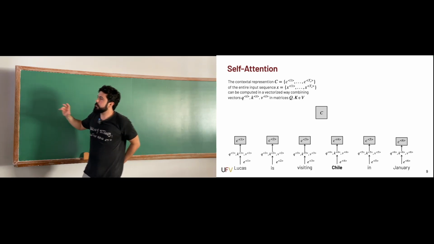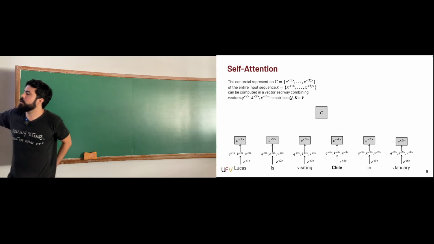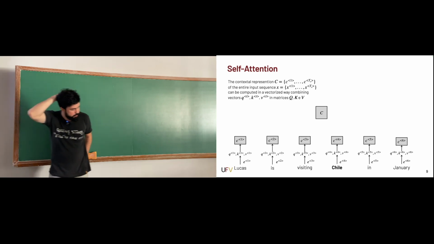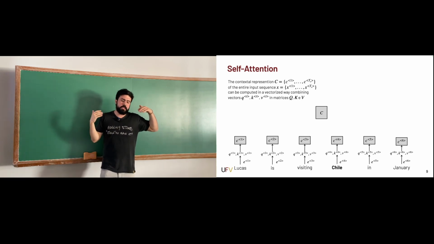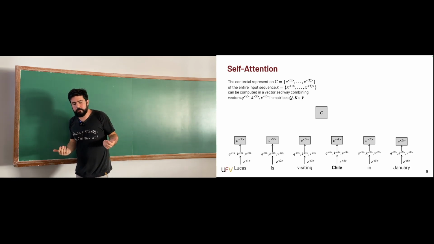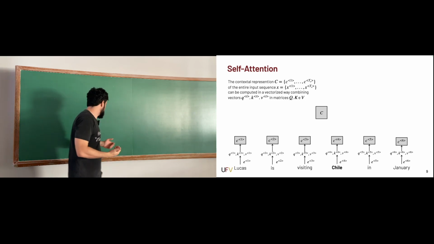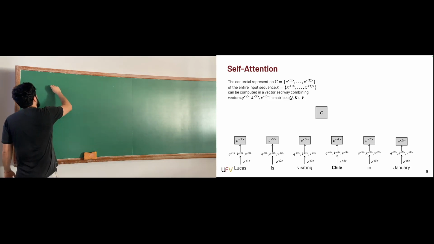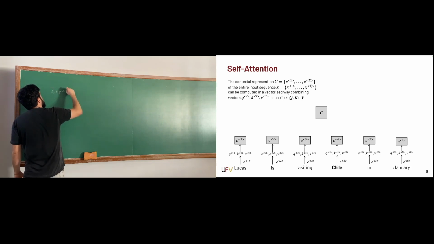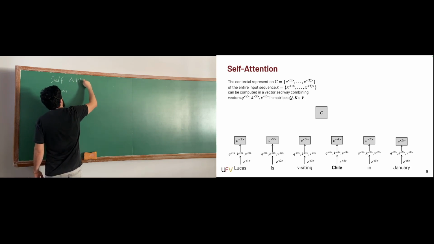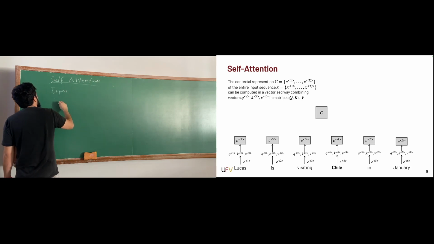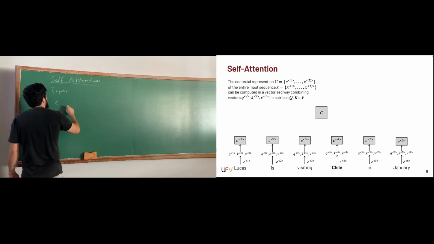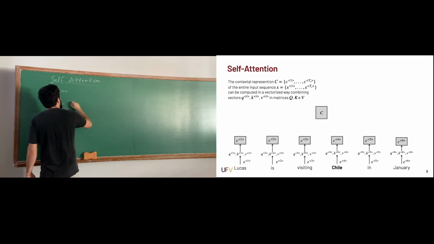First of all, let's understand these matrices, or these Q, K, and V values a little bit more, okay? So when you have self-attention, the input of the self-attention is this E sequence, right?